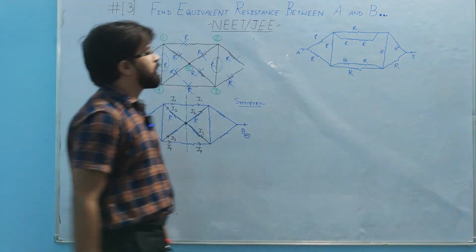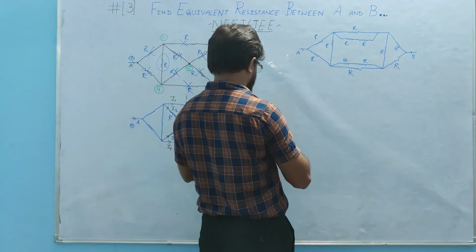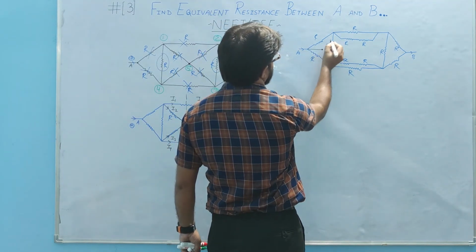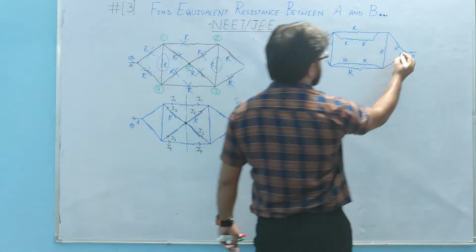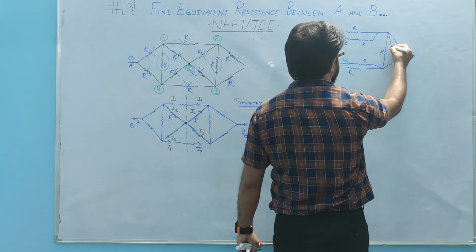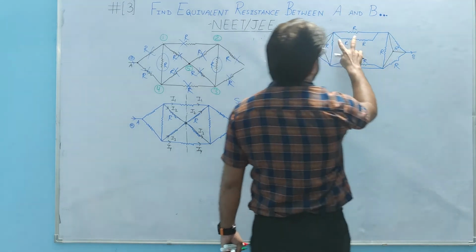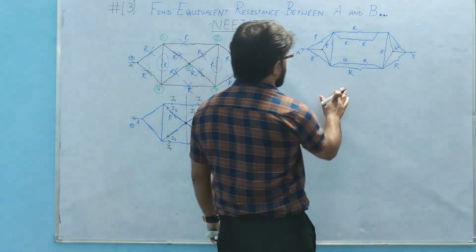So now I am applying two operations simultaneously. One is that star delta is supposed to be applied here. This is the star of this delta, and in the same way in this one also I am supposed to apply star, and here R and R by 2 will create one R.